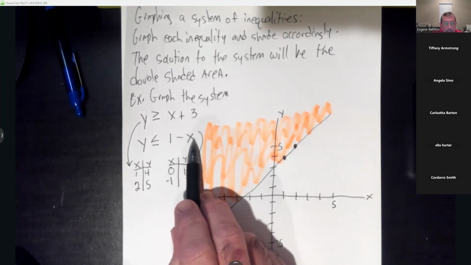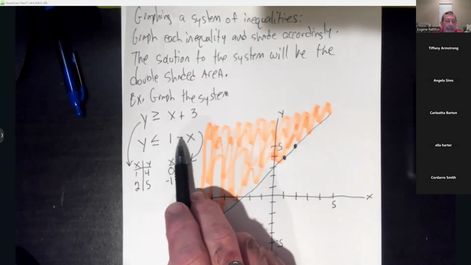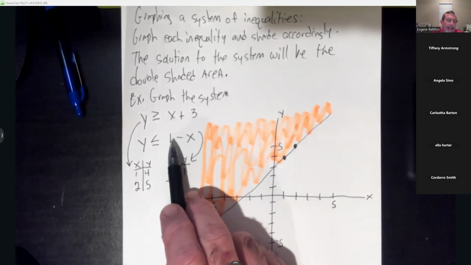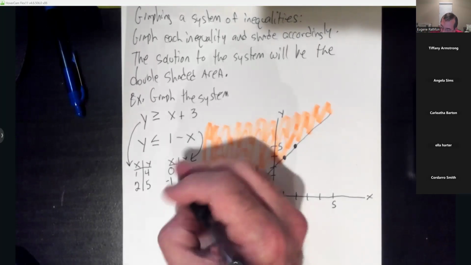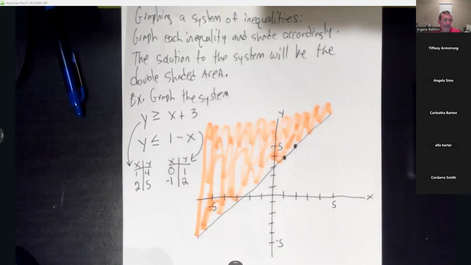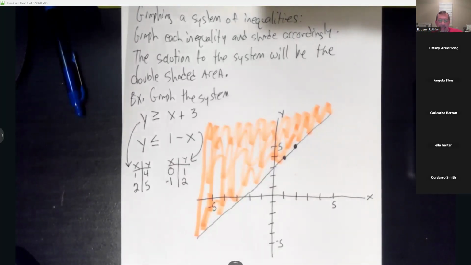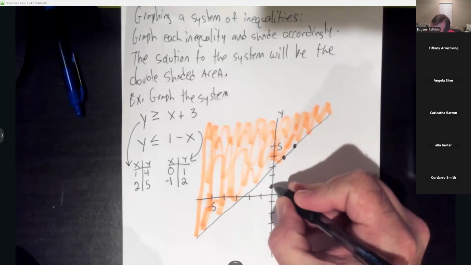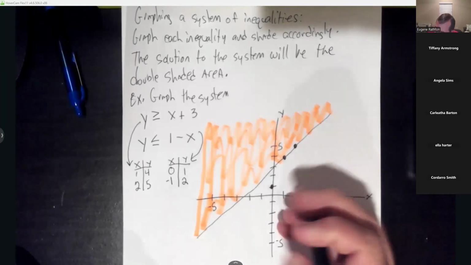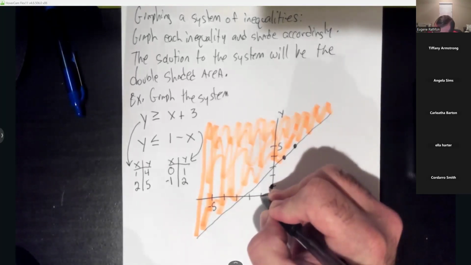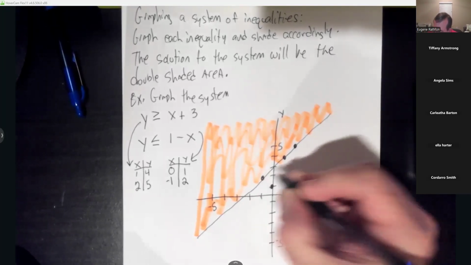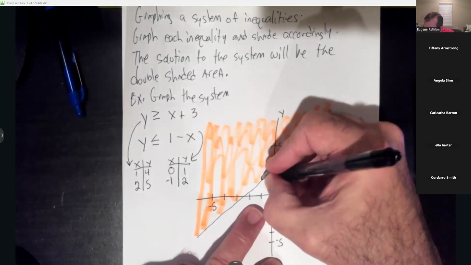If I put a -1 in for the x, I got 1 minus -1. Well, that's going to make that a 1 plus 1, which gives me a 2. So remember, if you subtract a negative, that makes that positive there. All right, y'all, so 0, 1, 0 up 1, -1, 2, over here to -1 and up 2. That line's going to be solid.